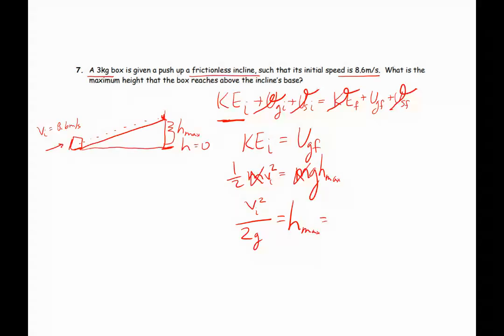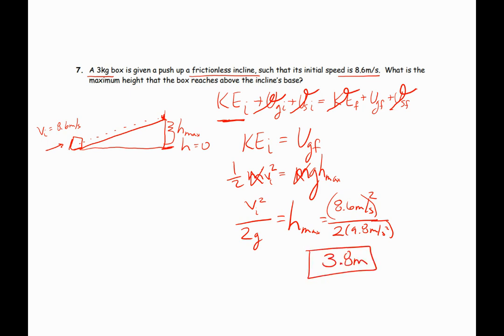So our v initial is going to be 8.6 meters per second. We're going to square that. Don't want to make that mistake again. Divided by 2 times 9.8 meters per second squared. And when we do that, we end up getting 3.8 meters. That's going to be our maximum height.